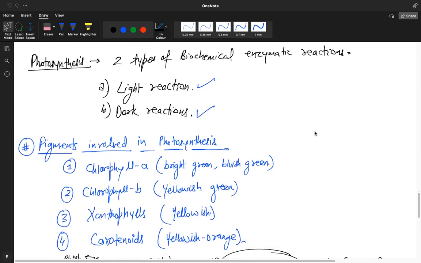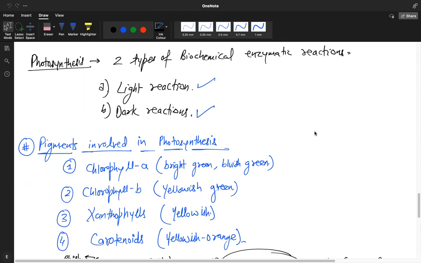And photosynthesis consists of two types of biochemical enzymatic reactions, that are light reaction and dark reaction. The membrane system, the thylakoid membrane of the chloroplast, is responsible for trapping the light energy and converting it into chemical energy, that is ATP and NADPH.